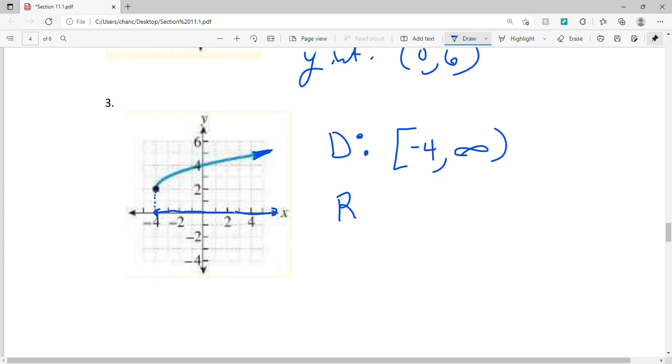What is my range? Well, how far does it go down? Well, for the y-axis, it goes down to 2. And it has a slight rise, and that rise is going to be forever, so the range goes up forever. So it's square bracket 2, comma, infinity.